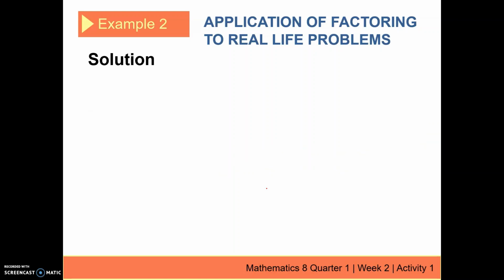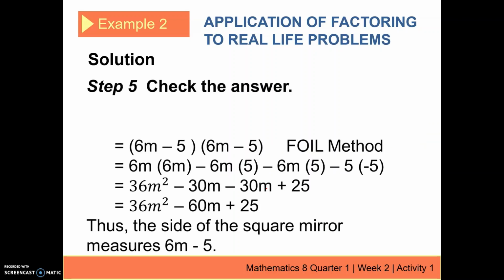Now, to verify if this is correct, of course we have to check the answer. We get the factored form 6m minus 5 squared, which means 6m minus 5 times 6m minus 5. Applying the FOIL method, we get 6m times 6m minus 6m times 5 minus 6m times 5 minus 5 times negative 5.